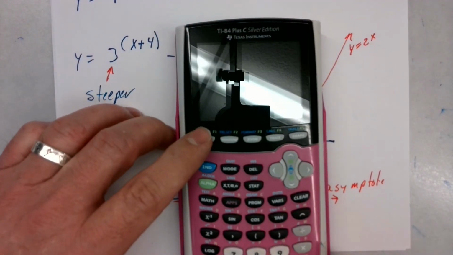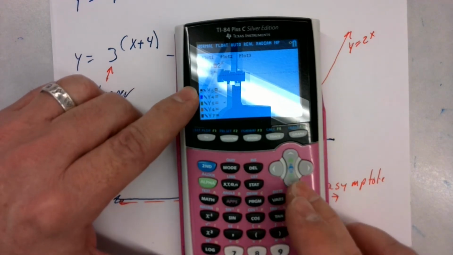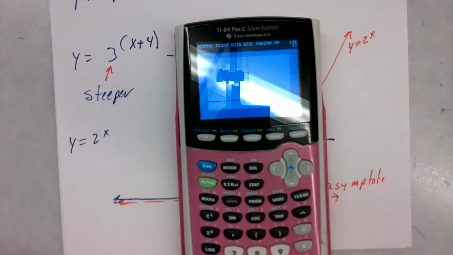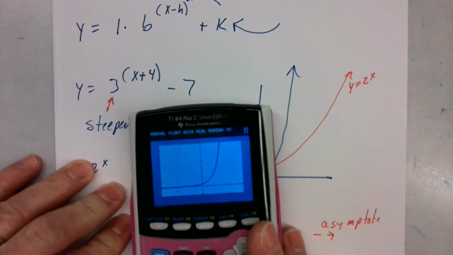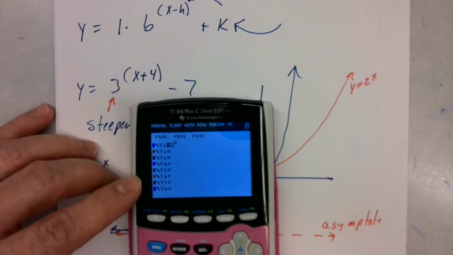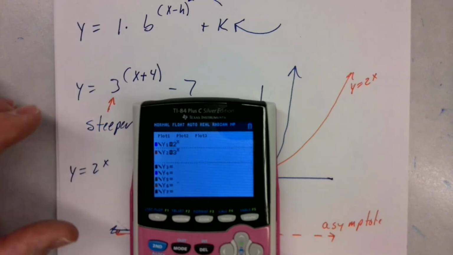Now let's go and look and see what we got here. So if I go back to y equals, and I still got that in, so we can clear that out. So we go back, here's my parent function, right? So that's my red line. Let's move this down so we can see it. There we go. Now let's go and type in the other one. We were 3 to the x, what were we?